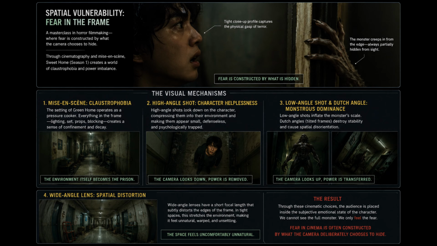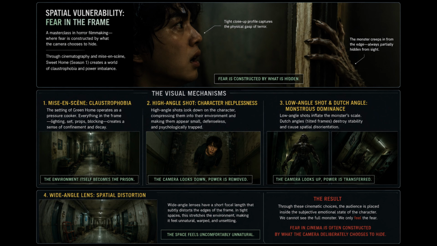To establish character helplessness, the filmmaker frequently employs high-angle shots. A high-angle shot positions the camera above eye level, looking down at the subject. Visually, this compresses the actor into their surrounding environment, making them appear small, defenseless, and psychologically trapped.